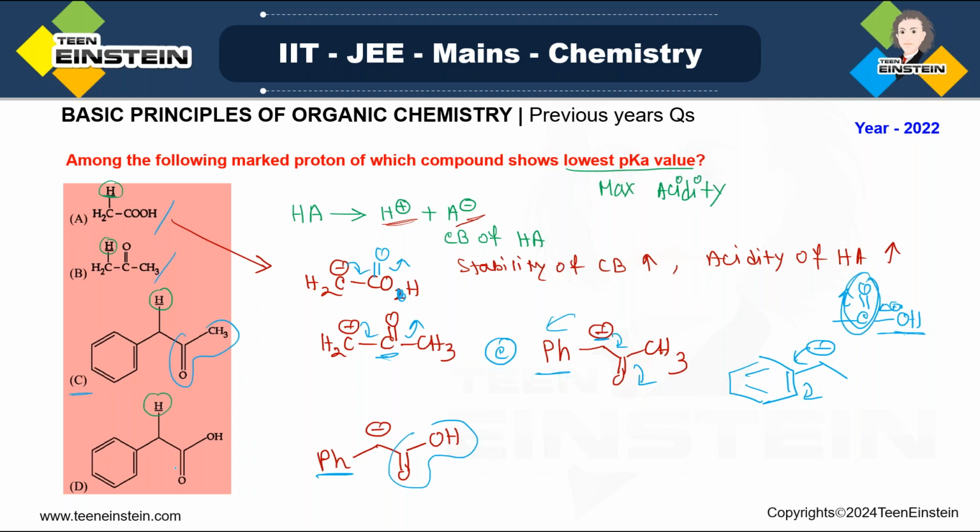That is the reason the COCH3 group is better at stabilizing negative charge compared to CO2H. So considering all the factors, we can choose option C as the correct option. It is the molecule where the negative charge at this position will be maximum stable, and that is the reason it will show the lowest pK. That means it is the highest acidic.